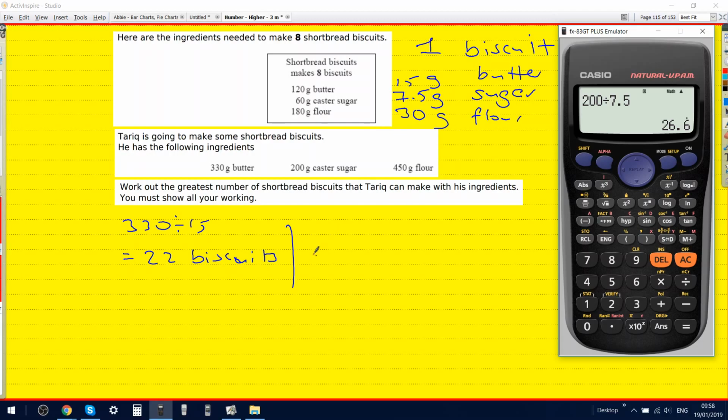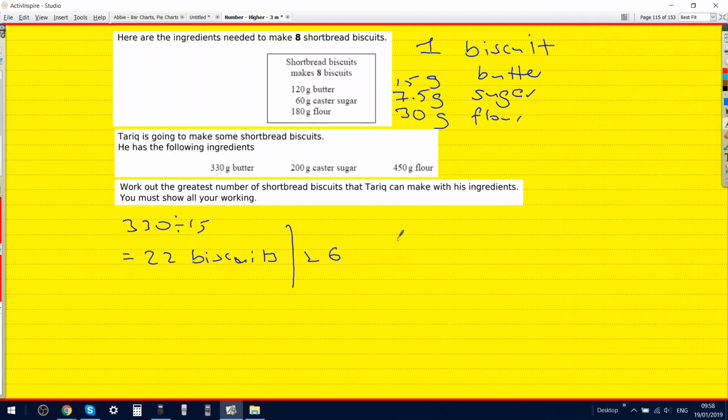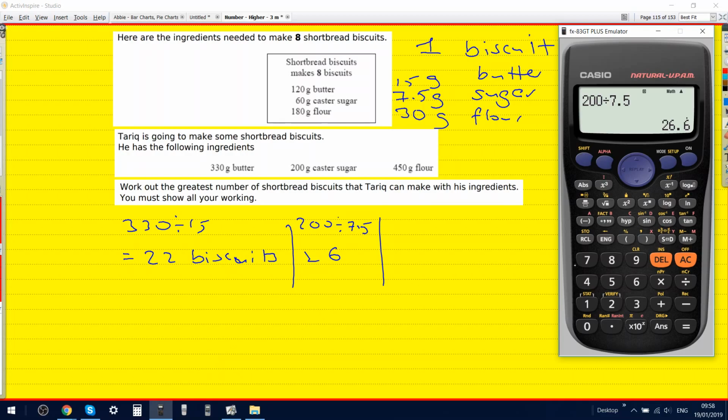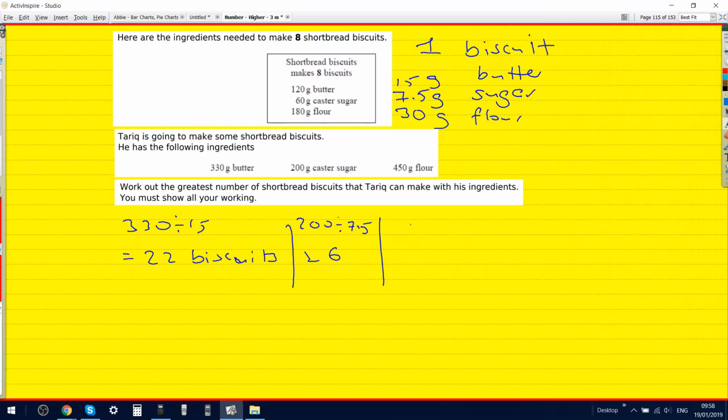Yeah, just 26. And then you would do 450 divided by 3. Yeah, that's great. That's a perfect method because it even gets down to the thing. So 15. Okay, so the greatest number of biscuits he can make is 15. Well done. Perfect.